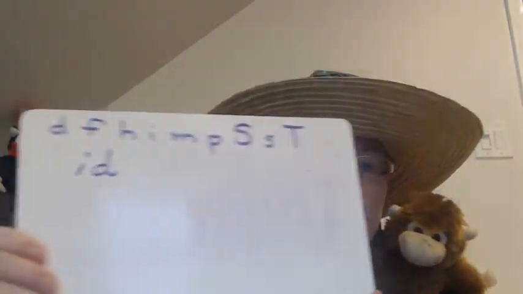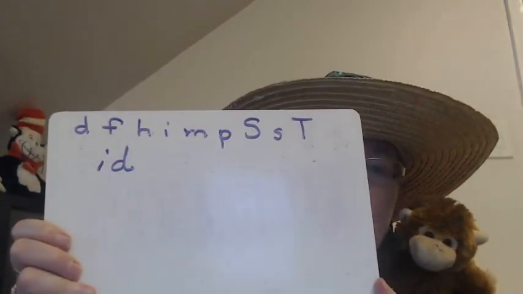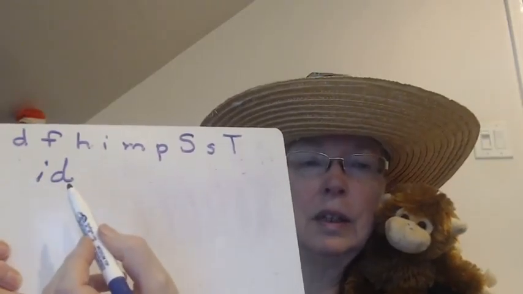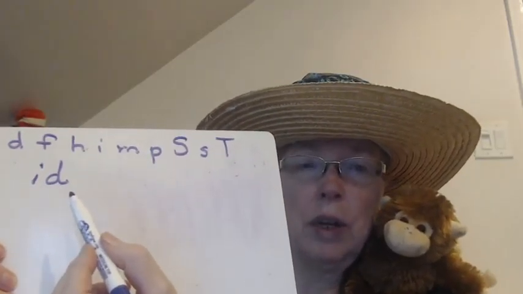And I'm bringing my lesson plan over here so I can see it better. All right, here we go. We're going to go ahead and build starting with an I and a D. And this is pronounced id. Now we're going to add the consonant letter D in front of id.